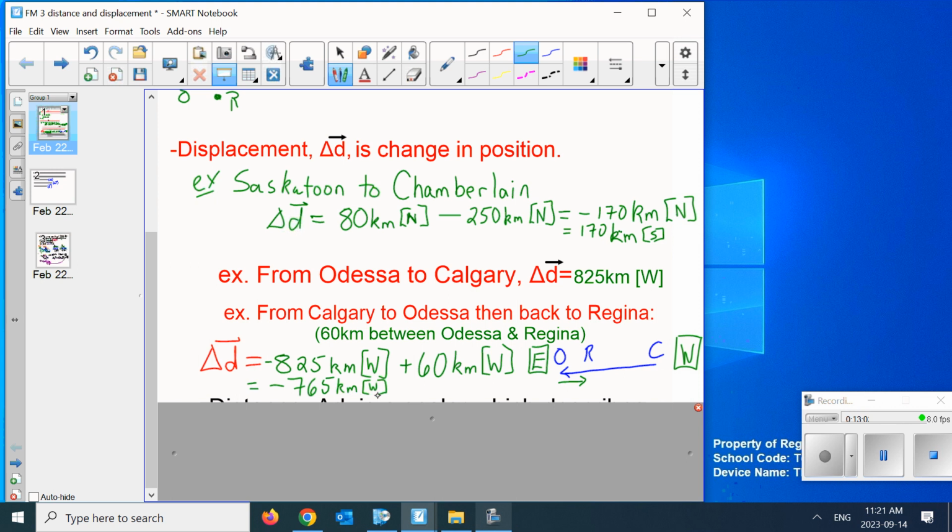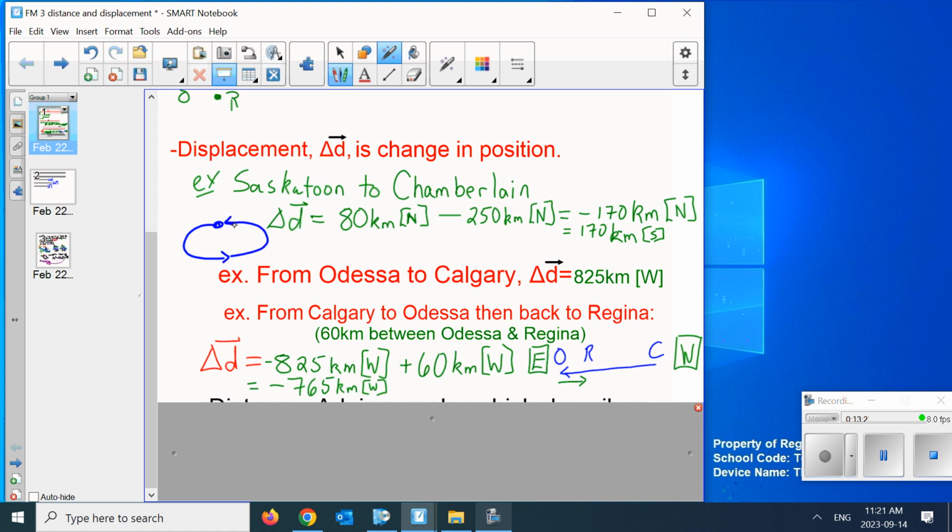Both are exact. Now, here's the thing about displacement. If you run 400 meters around a racetrack, the distance you've done is 400 meters, right? That's a standard track. So I went like this.